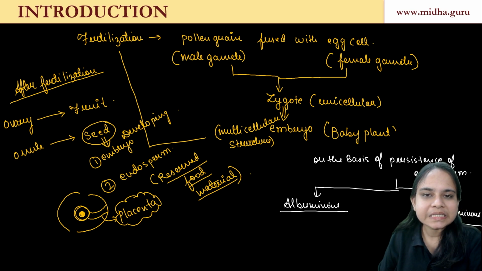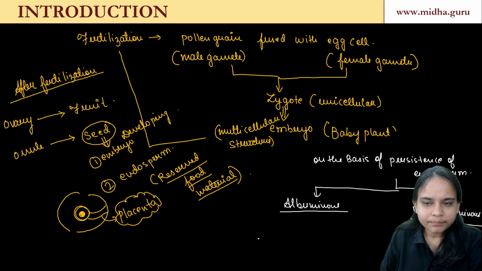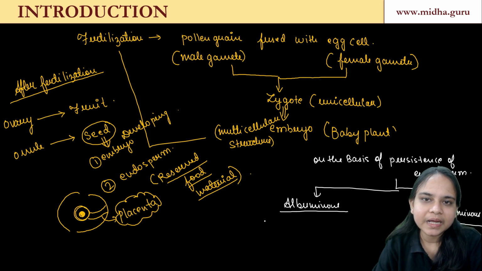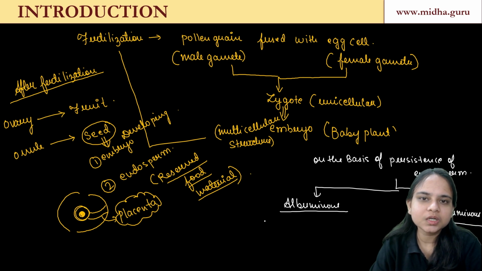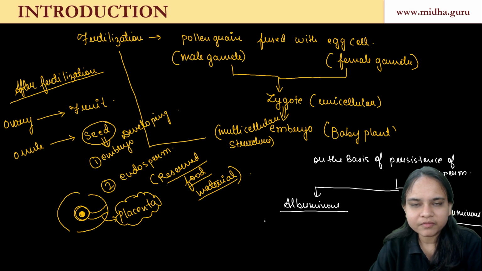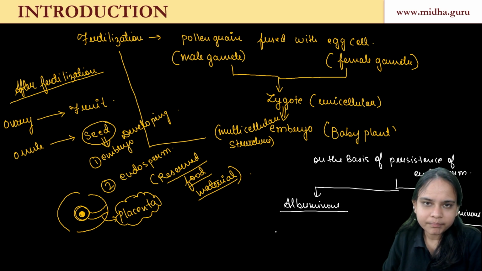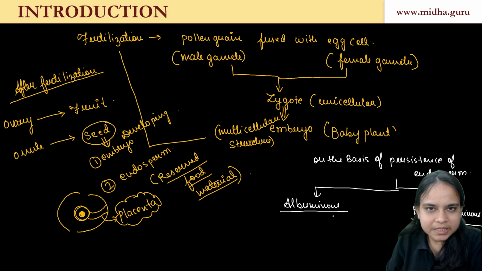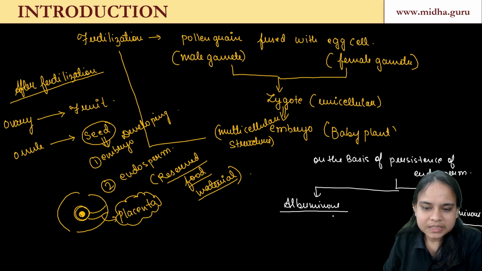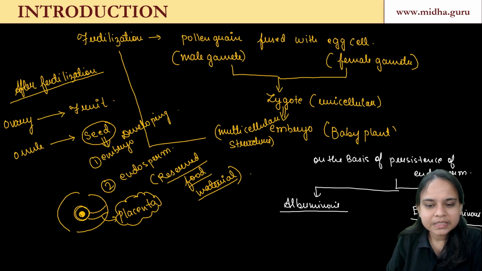What is an albuminous seed? The seed which has persisted its endosperm. Okay, it has not used up all its endosperm during the developing stages, while the embryo was growing. It did not use all its endosperm, but some of the endosperm is still left inside the seed. These kinds of seeds are called albuminous seeds.